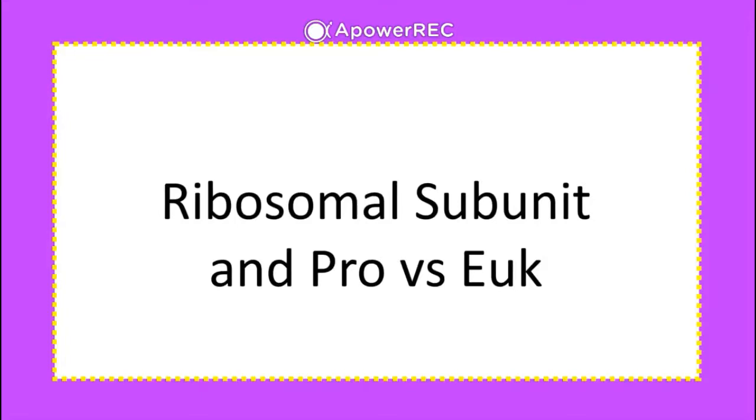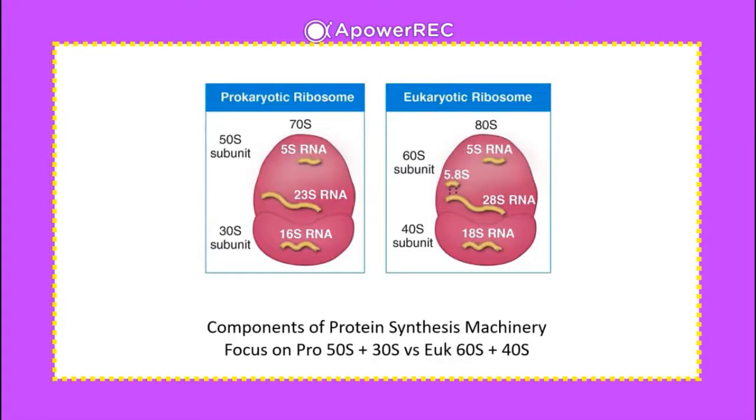Okay, our first one is ribosomal subunits of the prokaryotes versus eukaryotes. As a review, the ribosomes are the protein synthesis factories of the cell. Prokaryotes produce a 50S Svedberg subunit and a 30S Svedberg subunit, and the total does not equal the sum.